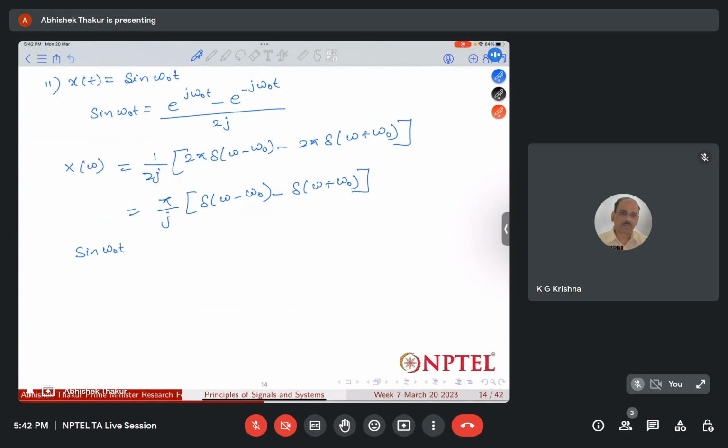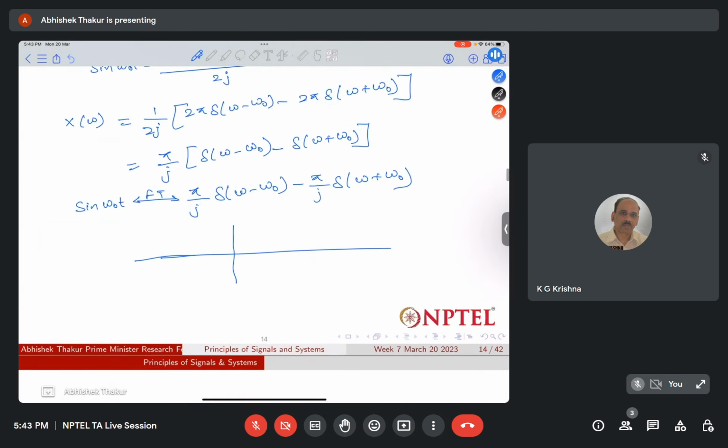So the Fourier transform of sine omega naught t will become pi by j del of omega minus omega naught minus pi by j del of omega plus omega naught. So when you draw the frequency spectrum of this, the sine omega naught t consists of two impulses. The first is at omega naught and the second is at minus omega naught. And what will be the value?